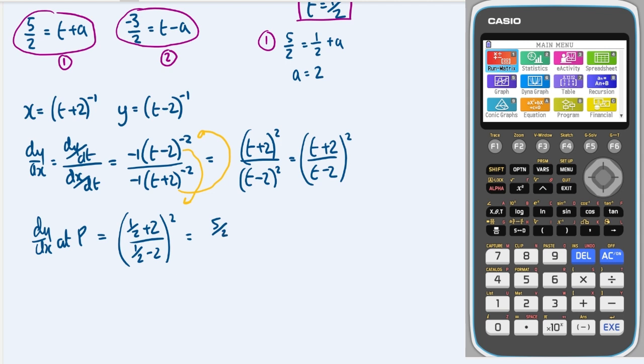So that's 5 over 2 over minus 3 over 2 all squared. 2's will cancel because we've got 1 on the top, 1 on the bottom. So this is 5 over minus 3 all squared, which is 25 over 9. Lovely.